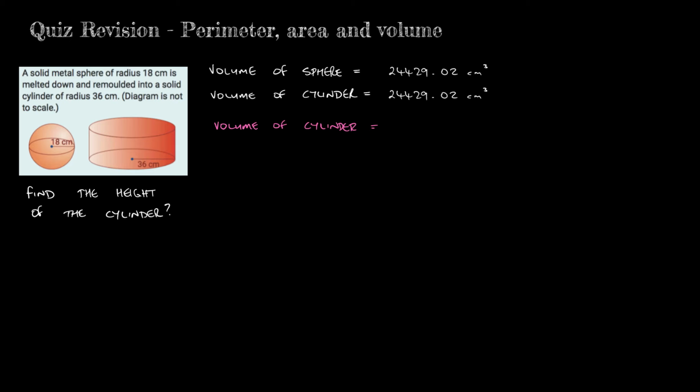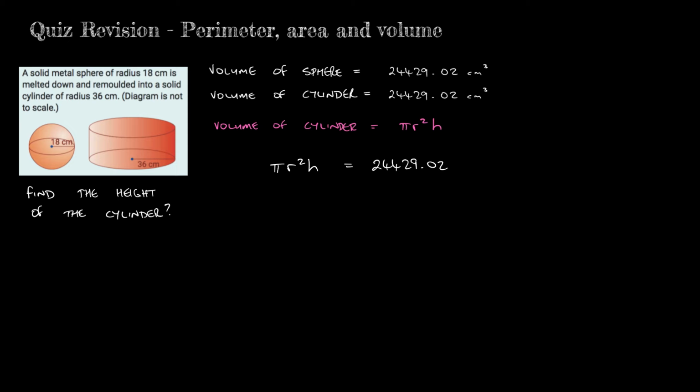So the volume of a cylinder is pi r squared, and we're multiplying that by h. This pi r squared represents the area of the circle, and when we multiply it by h, that's multiplying it by the length. In this case, we're saying the height, because it's gone up.